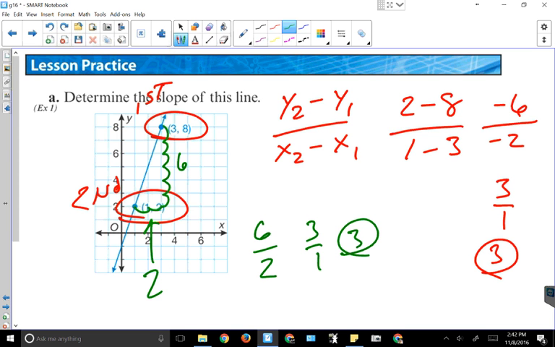So if you have the coordinates on there, by all means count them. Not a problem. If you just have the coordinates and you don't know where they're sitting, then it's probably best to go through and use this formula for slope. Either one will work. Just make sure that you use the other. So does that take care of that, Kira? Cool.